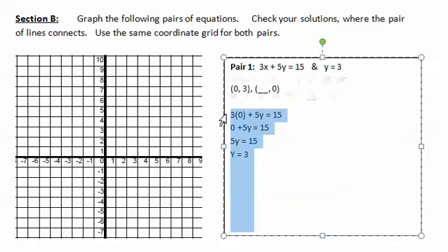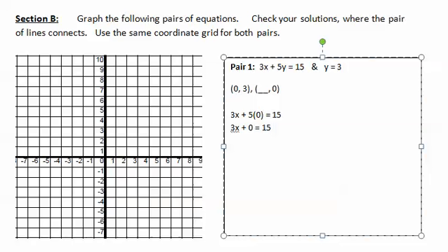Now we want to do the same thing, substituting a 0 in for y. So we're going to set it up. We're going to keep the x, so it's going to be 3x plus 5 times 0, and that's going to equal 15. Let's simplify this. We have 3x plus 0 equals 15.